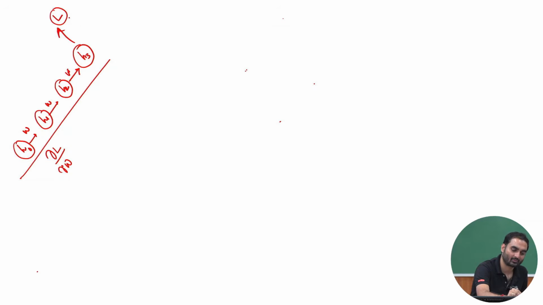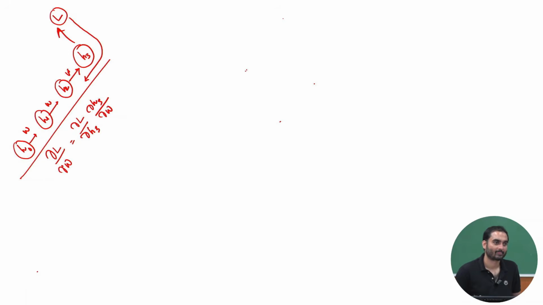This backpropagation happens through these directions, so this will be dL/dH3 times dH3/dW. But H3 is dependent on H2, which is also a function of W. So this is not that straightforward. This part you can easily do, but this is not that easy.